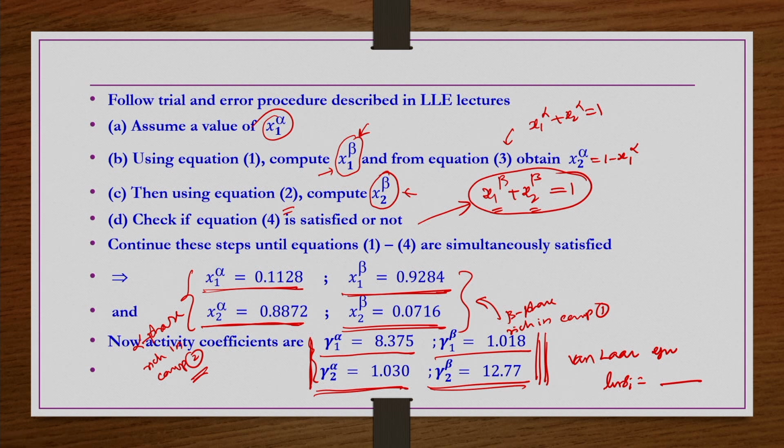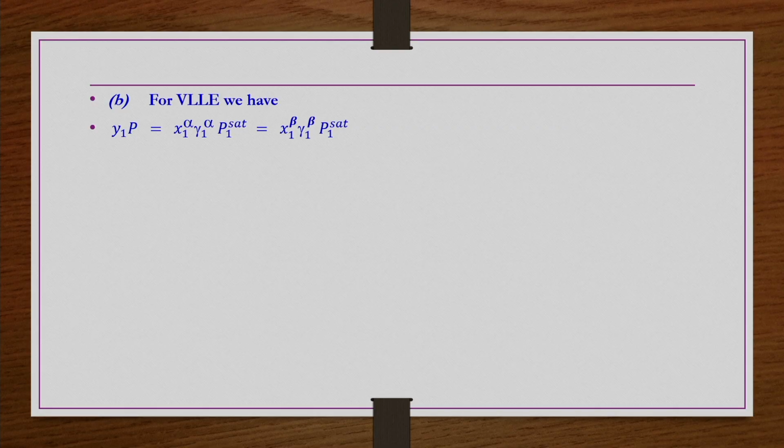Okay. Now for VLLE what can we have? We can have Y1P is equal to x1 alpha gamma 1 alpha P1 sat is equal to x1 beta gamma 1 beta P1 sat. So, this is for component 1. Similarly, for component 2, Y2P is equal to x2 alpha gamma 2 alpha P2 sat is equal to x2 beta gamma 2 beta P2 sat.